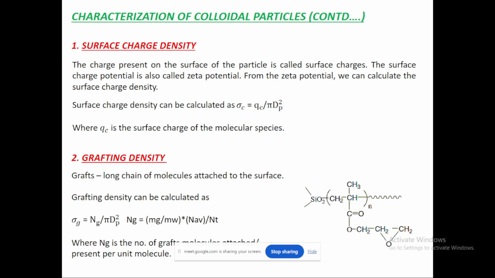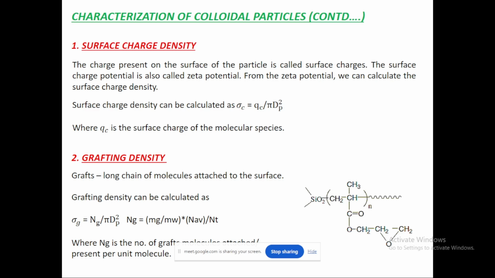Now we move on towards the grafting density. It has a term called grafts. So what are grafts? Grafts are nothing but long chains of molecules that are attached to the surface of a particle.